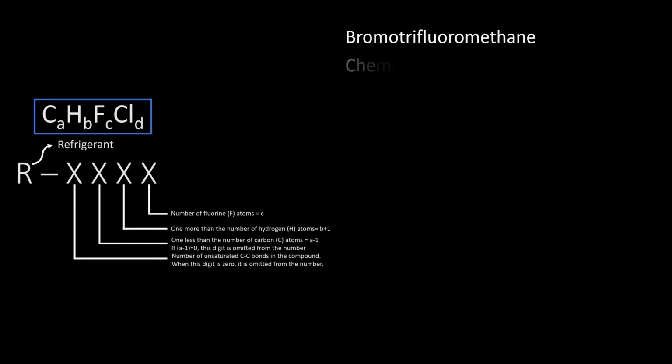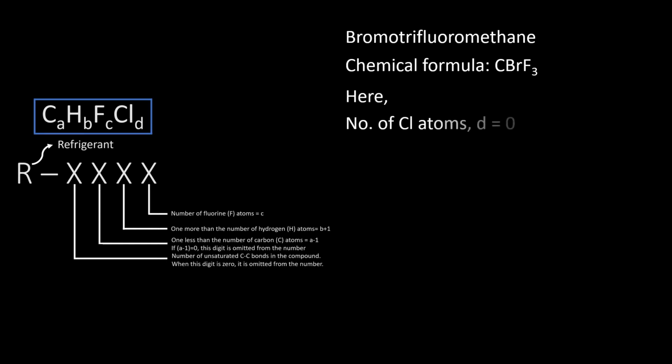Let us see another example of bromo-trifluoromethane, which has chemical formula CBrF3. Here, there is no chlorine atom and we have 3 fluorine atoms, which makes the first digit from the right equal to 3.